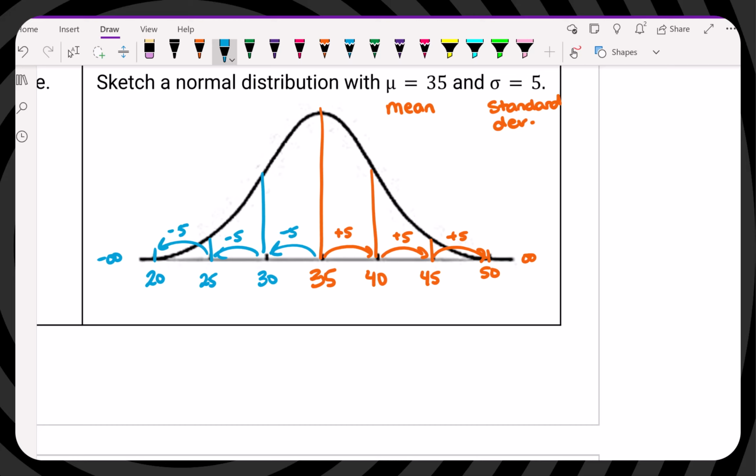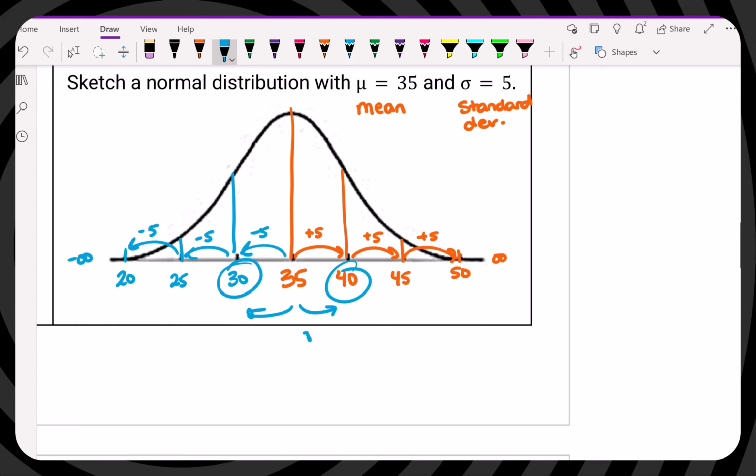So what would be the max and the min within 1 standard deviation? So you're going to have a low number and you're going to have a high number. So what are the 2 numbers within 1 standard deviation? So it's going to be 30 and 40. So when it says within 1 standard deviation, you're going to add 1 and take away 1. That is what within means.